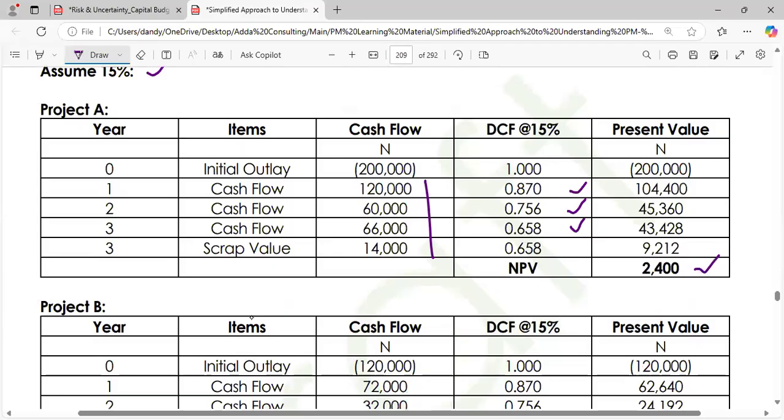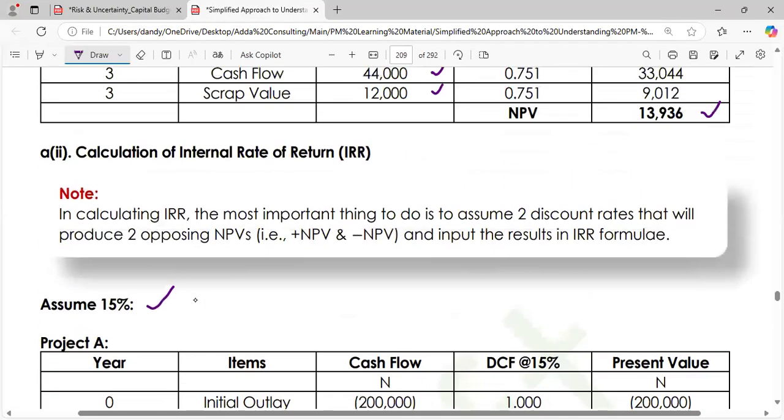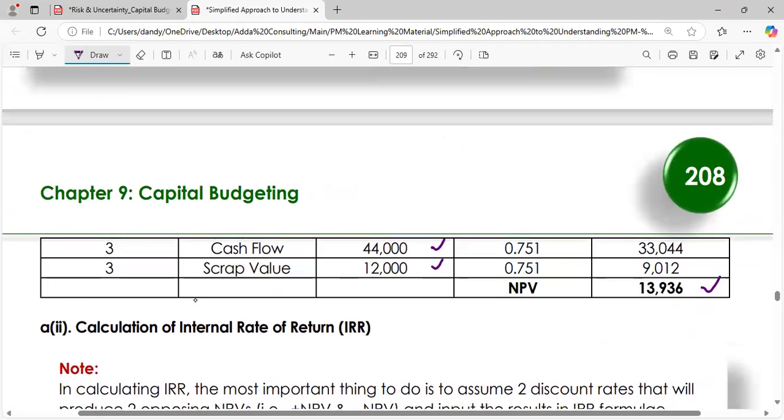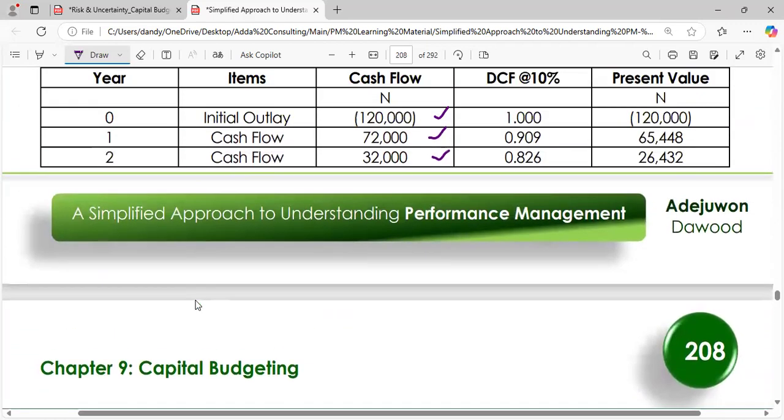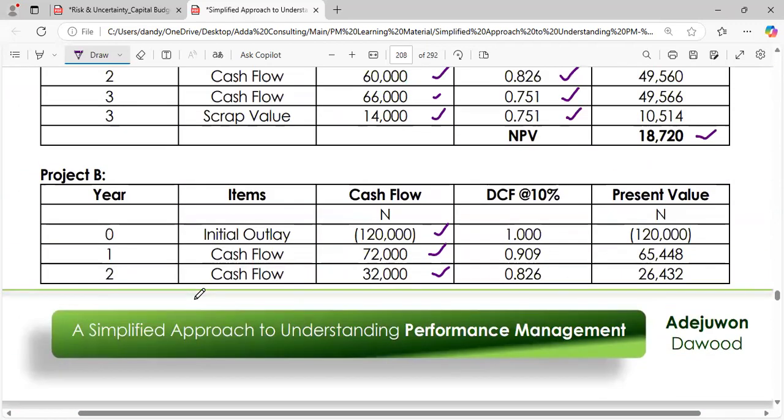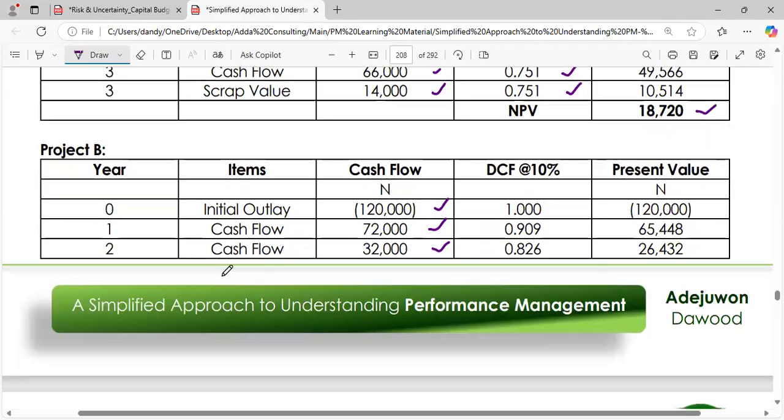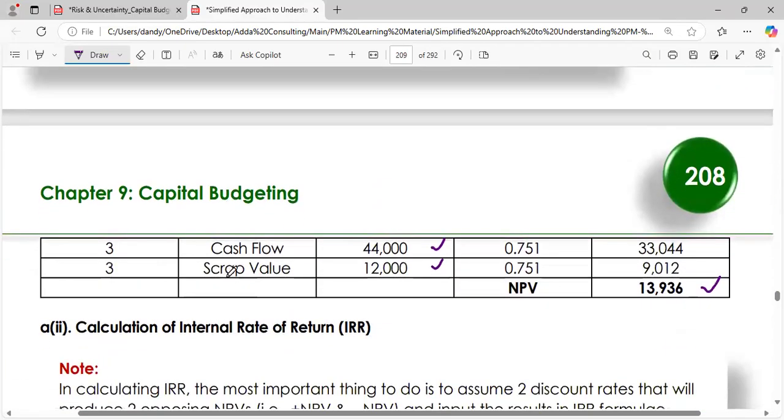You can't just increase the rate arbitrarily because you are looking for a negative NPV. Majority of you, since you have calculated NPV previously, 18,720 and 13,936, your intention will be to increase your discount rate from 10% to 100% or 10% to 20%. It doesn't work that way. It's not realistic.